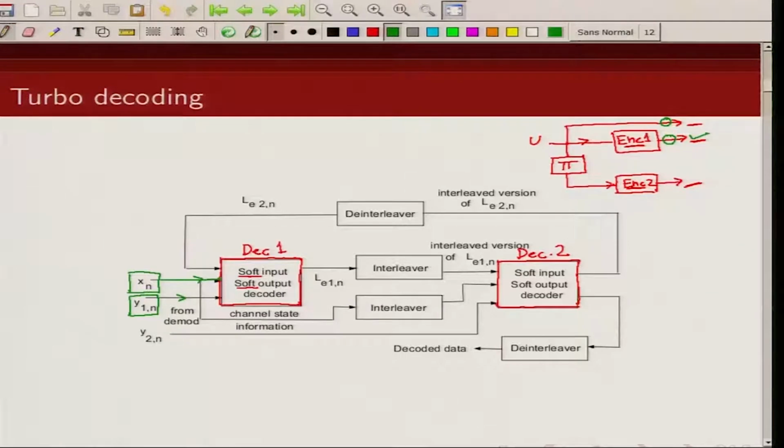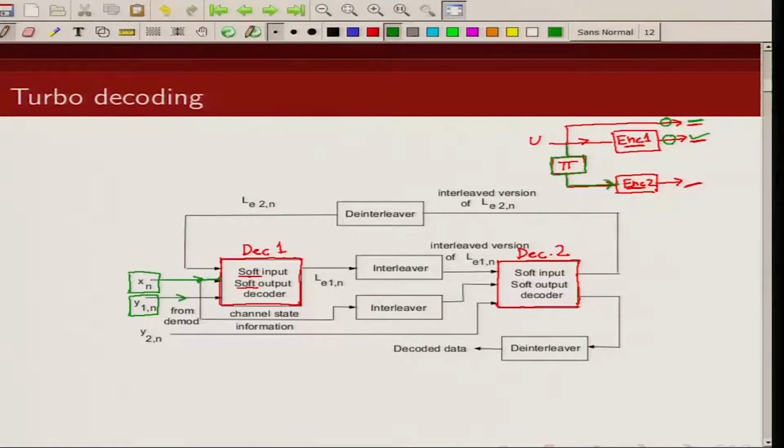Now, what are the inputs to decoder 2? Decoder 2 works with an interleaved version of the information that is coming to encoder 1. Here I am receiving the information bit directly, but this information bit is getting interleaved before being sent to encoder 2.